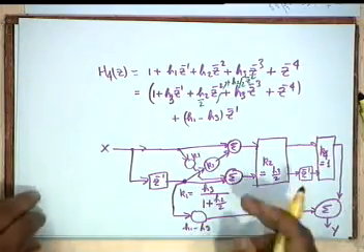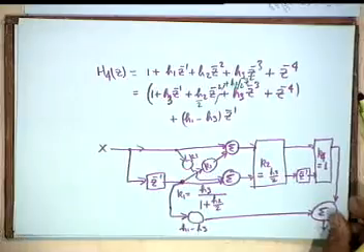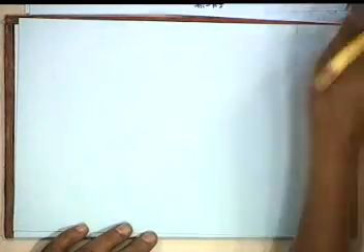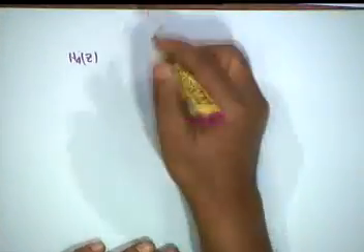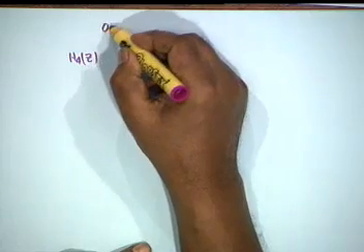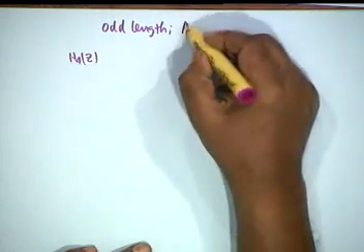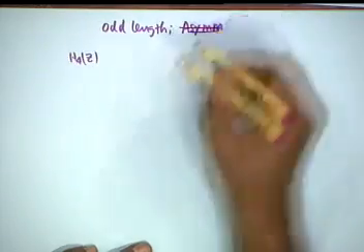Let us consider the same case with a negative power. Okay. The next example, we take the same case H4 of Z, that is odd length and not linear phase.